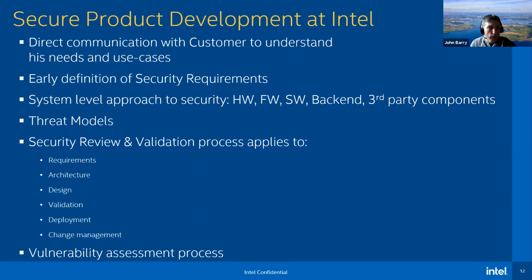Again, the system is only as strong as its weakest link, so you need to look at the whole gamut. From the hardware all the way through any low-level firmware, any microcontrollers that are running on the system, the system software, the operating system, hypervisors, and all the way up to the applications that are running on the system.